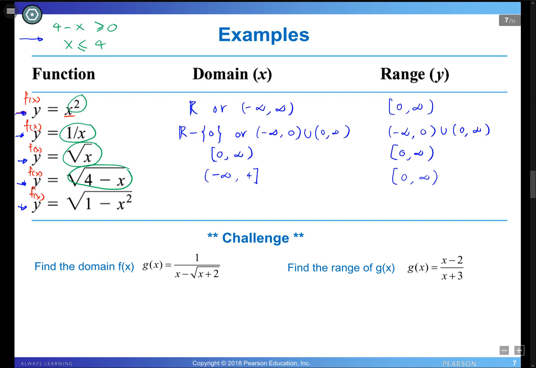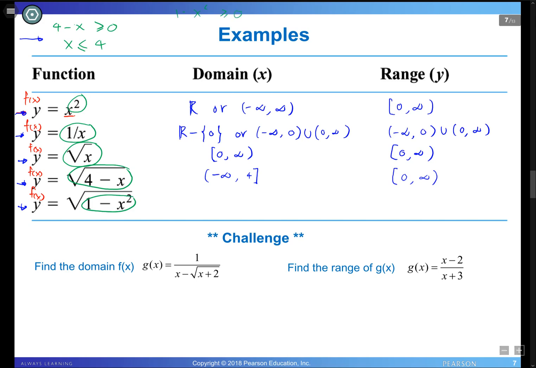So square root, we know right away that we have to check that the inside of this square root has to be non-negative, has to be 0 or positive. All right, so non-negative. So we have this condition for this one: 1 minus x squared, same thing as the previous one, has to be greater than or equal to 0.